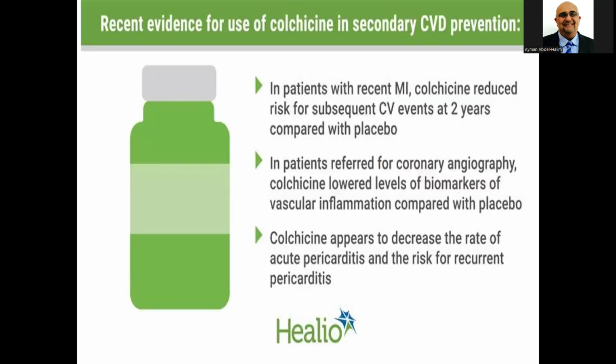Now, we have recent evidence that colchicine has a role in secondary cardiovascular disease prevention. Again, the only problem with this is it interacts with some of the cardiac medications here.